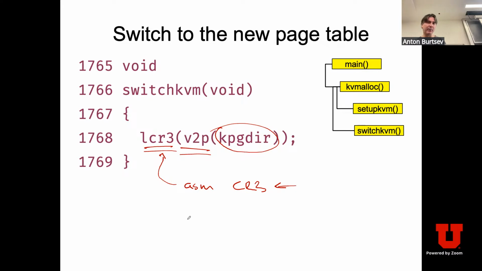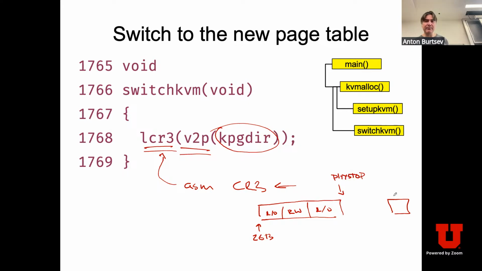If this is 2 GB, this one is read-only, this one is read-write, this one is read-only, and then at the very top, this is the device space. And this is the upper BIOS region. This is the 4 GB. And this is all virtual memory. And only this is mapped. These guys are mapped with a 2 GB shift. And this guy is mapped 1-to-1, right?